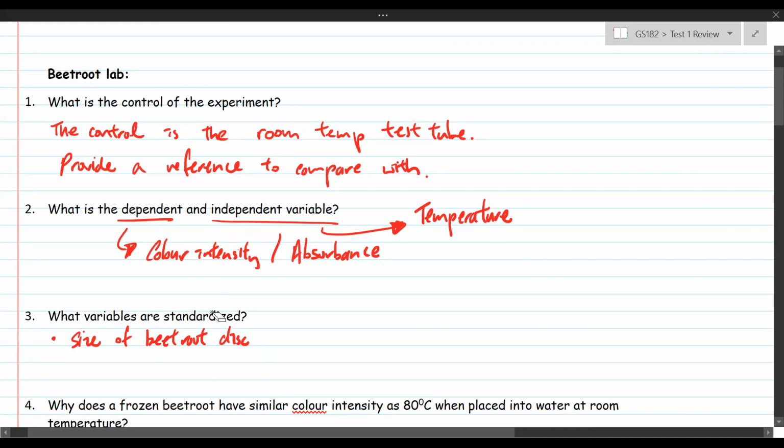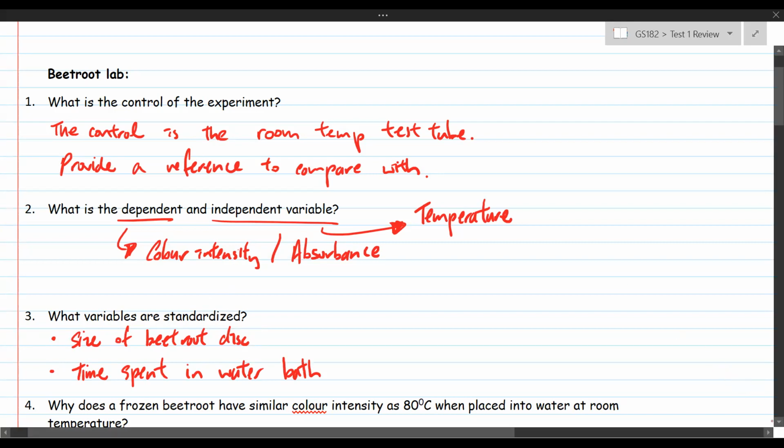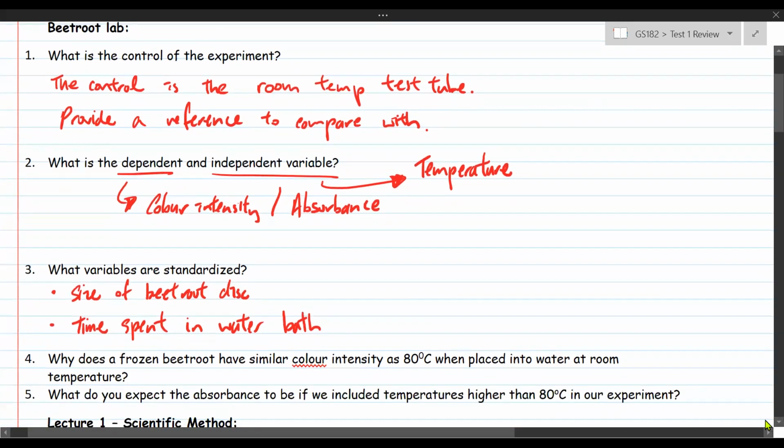So we want to standardize that. The time spent in the water bath: you want all of them to be 20 minutes long. If it's too long, all of them might reach the same color. If it's too short, they might not reach the required temperature, and the color will be underdeveloped.